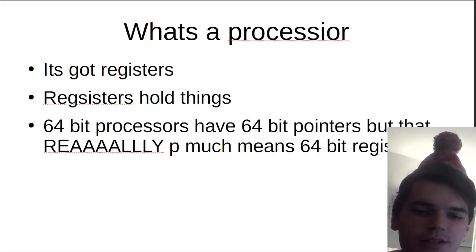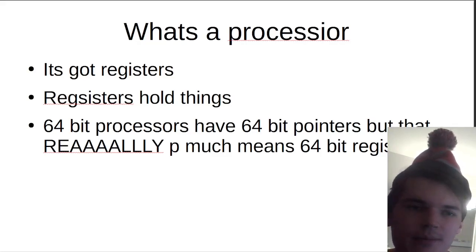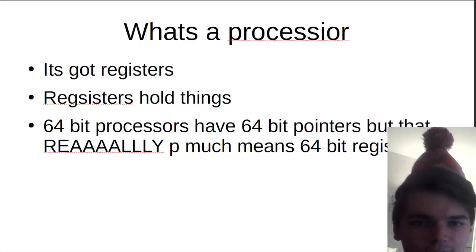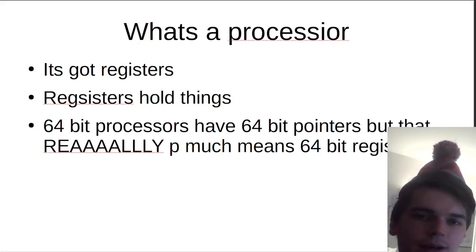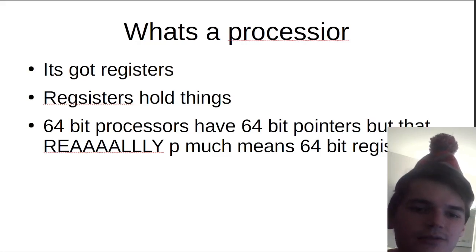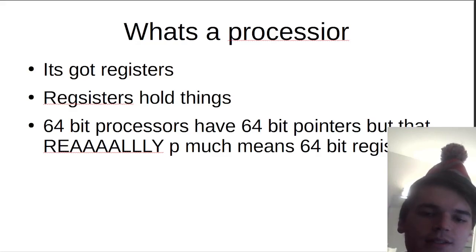A register holds your data and plays with it and then puts it back in memory. It can only play with it in very simple ways, but it does it very fast. When a computer says 64-bit, it usually means it has 64-bit pointers, but it also means you have 64-bit registers, because you can't really point if you don't have the register to point to it.